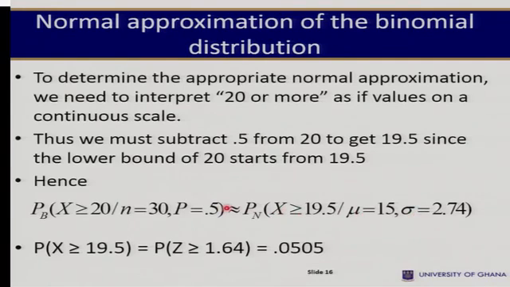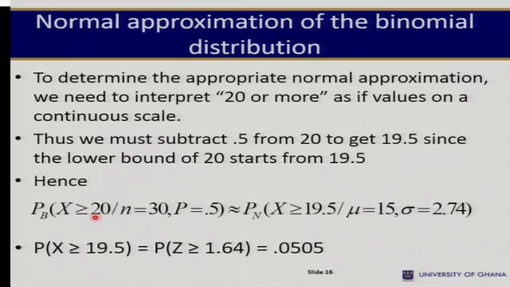So we want to calculate the probability of x greater than or equal to 20. But it means you are approximating a discrete distribution with a continuous distribution, and we need to treat it as if we are on a continuous scale. Now, how would you interpret 20 or more in a discrete situation in a continuous sense?